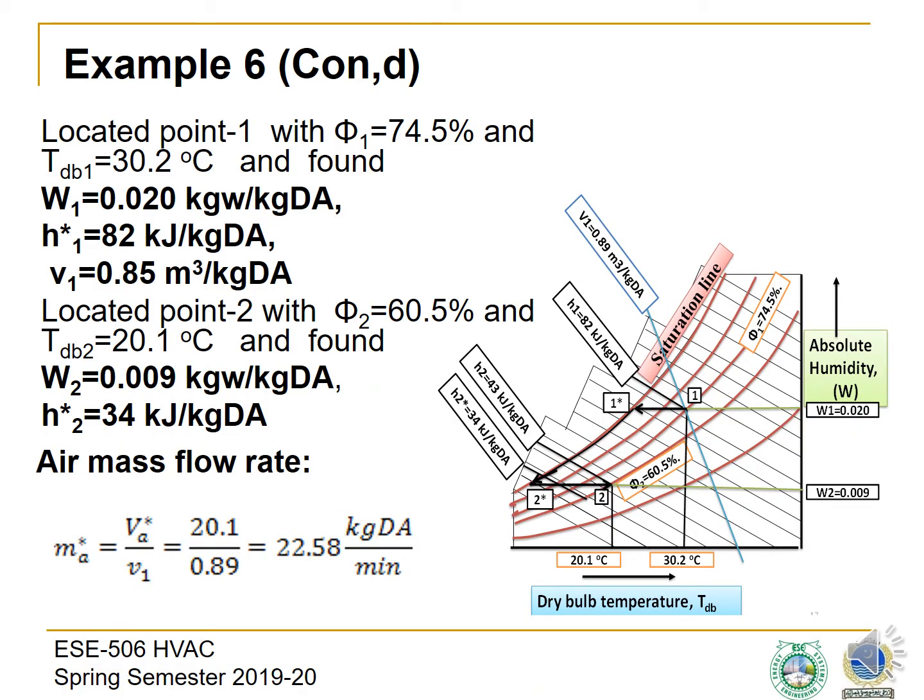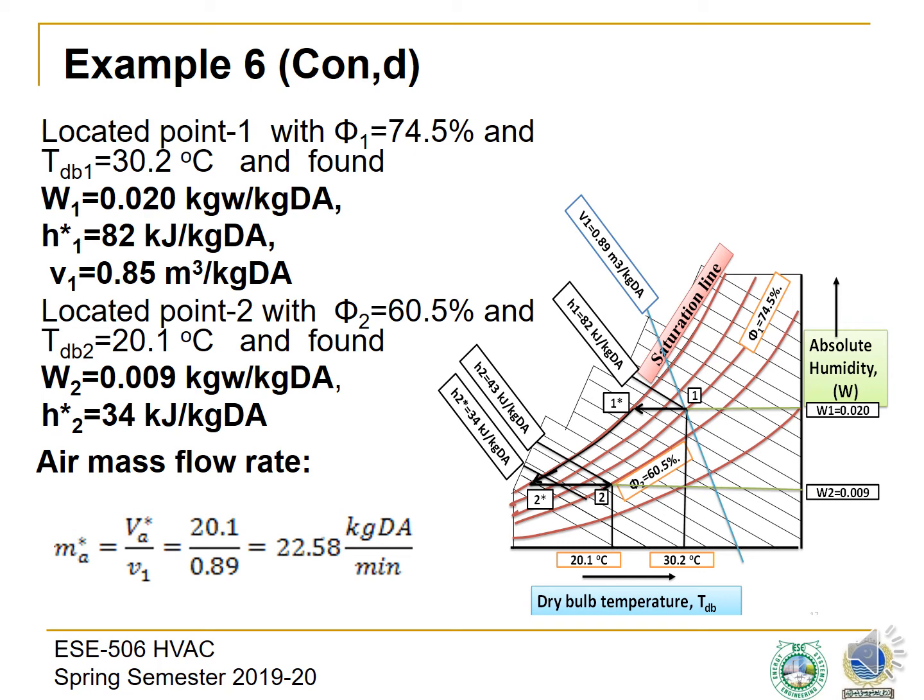On the psychrometric chart, we locate point 1 with relative humidity 74.5% and dry bulb temperature 30.2, and find humidity ratio 1.021 kg of water per kg of dry air, enthalpy 182 kilojoules per kg of dry air, and specific volume 0.85 cubic meter per kg of dry air.